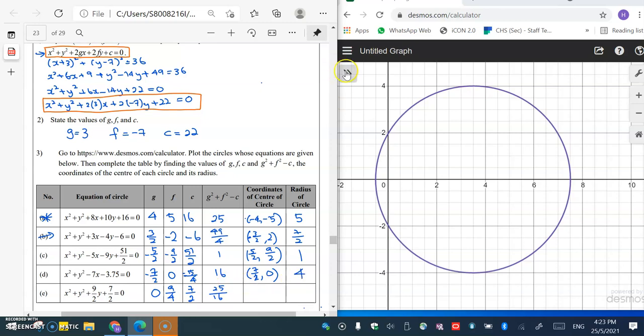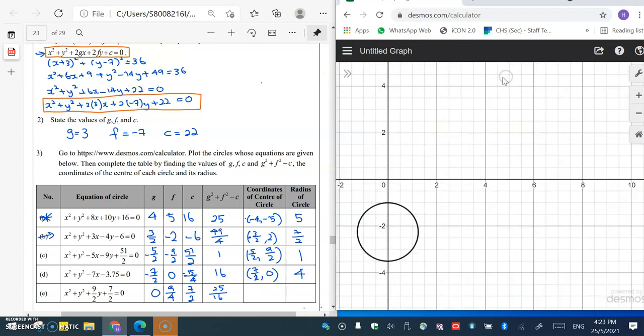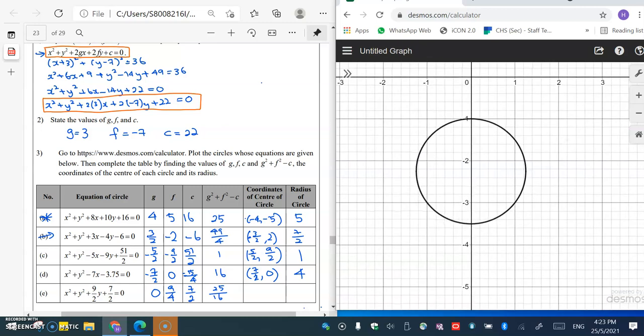Let's go to the last one, the black circle I have there. Let me expand for ease of reading. From end to end, I know for sure the center has to fall on 0. So let me put it in. Then where is the center? This is 1. This is about 3.5.